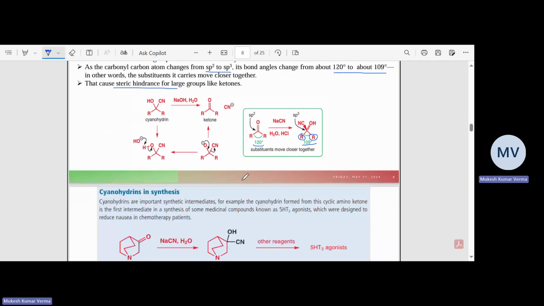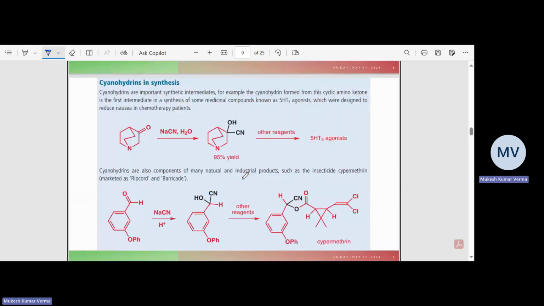Next are some practical examples, some important intermediates where cyanohydrins are used. For example, in the formation of a 5-HT3 antagonist, which reduces nausea in chemotherapy patients. This is a simple reaction: a reaction with sodium cyanide and water forms the cyanohydrin, and after other reagents, the final product is formed.